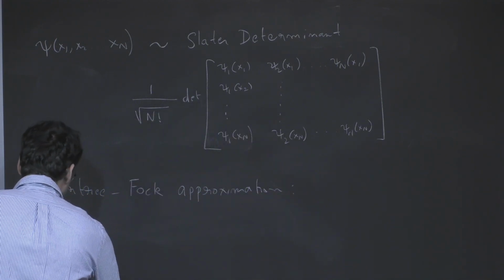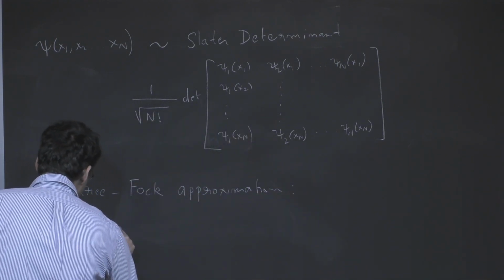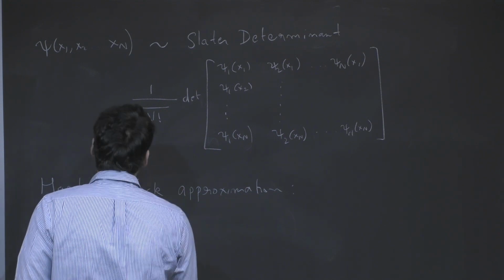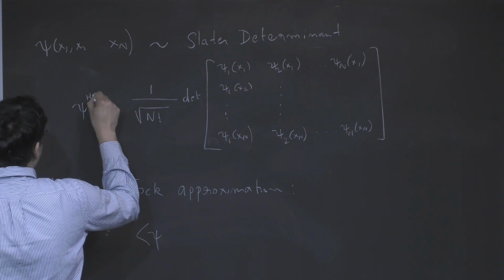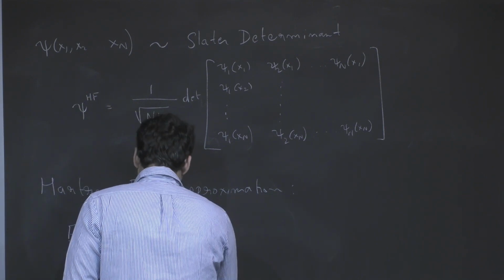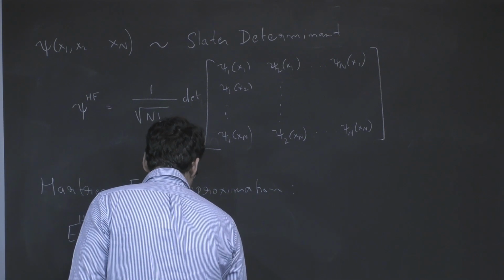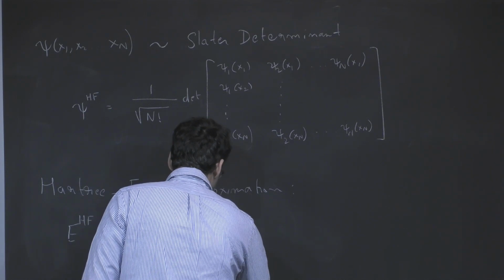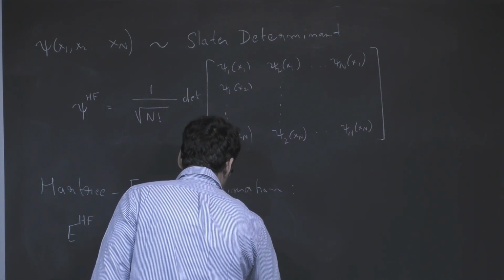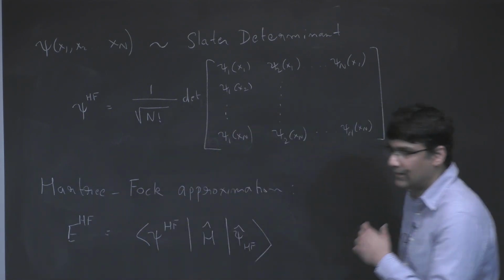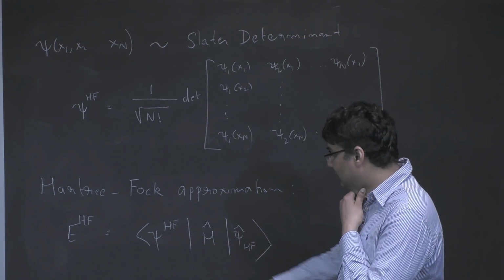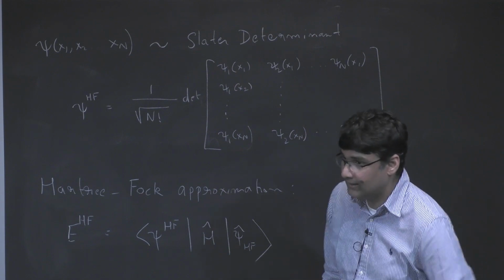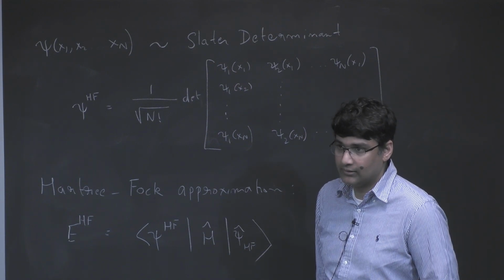The energy in the Hartree-Fock approximation is essentially given by, if I call this psi Hartree-Fock, the expectation value of the Hamiltonian, assuming that you have a single Slater determinant over here.